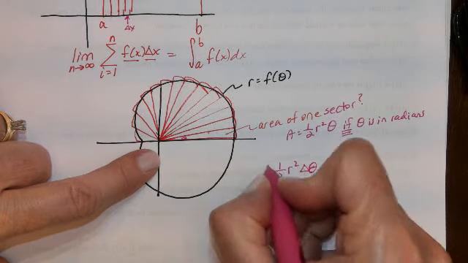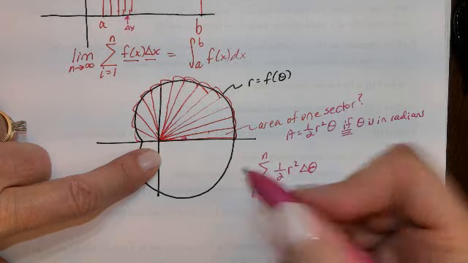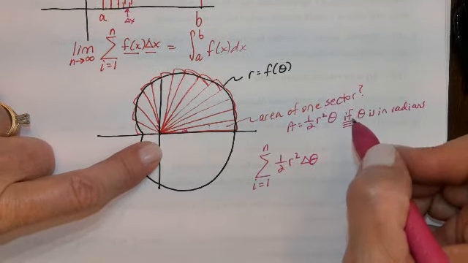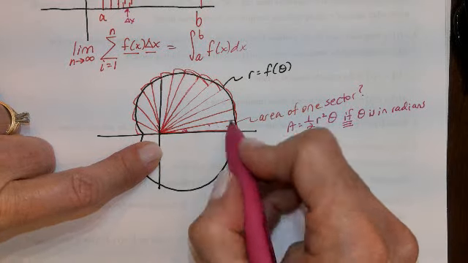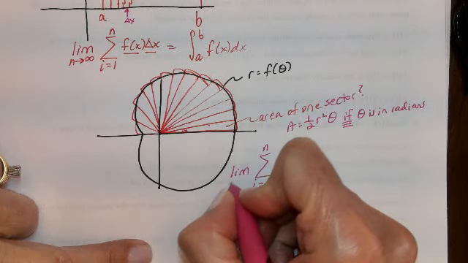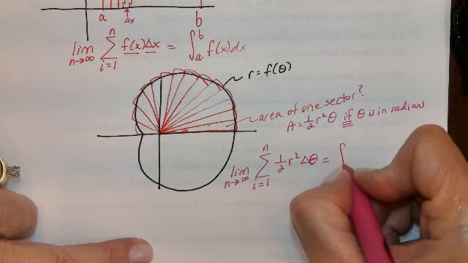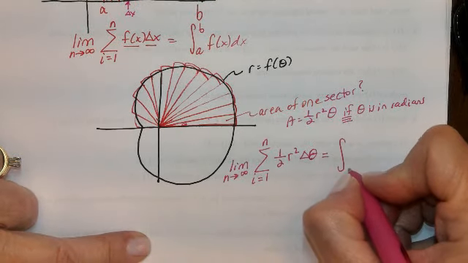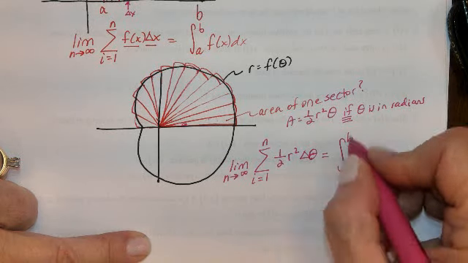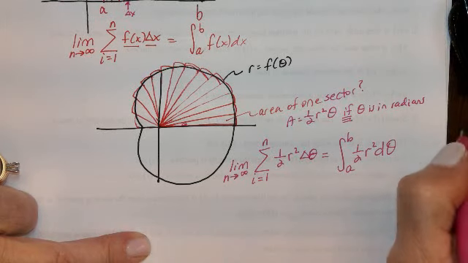We're going to add them all up, and keep count of them from 1 to n, where n is the number of sectors this time, instead of the number of rectangles. And then how do we get the exact area and not these chopped up things? We let n go to infinity. And we get the integral from, I'm going to say a to b, but remember those are now theta values, of 1/2 r squared d theta.